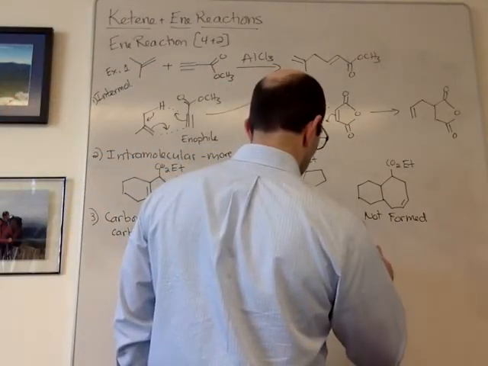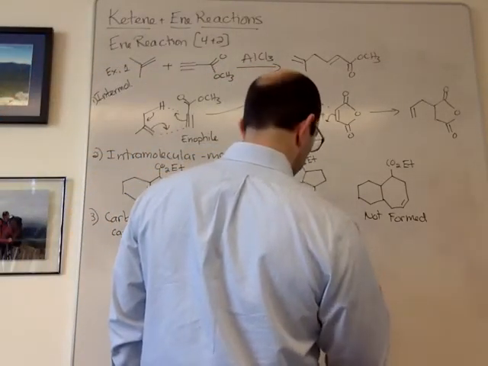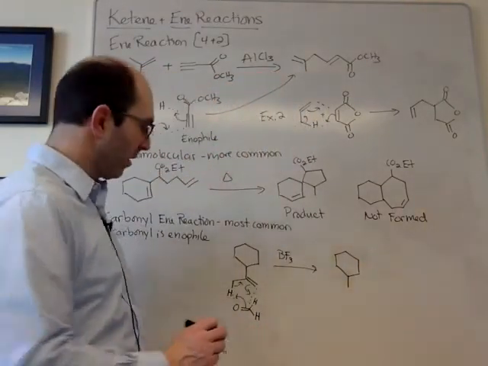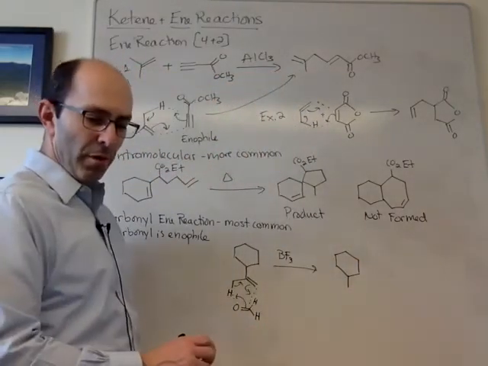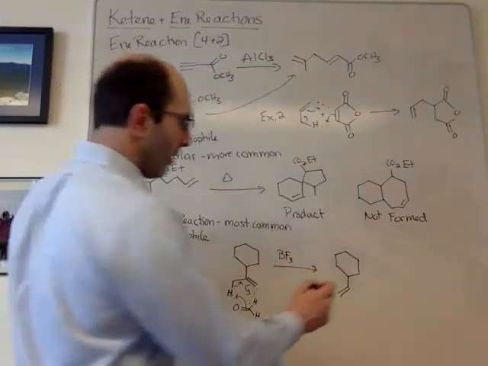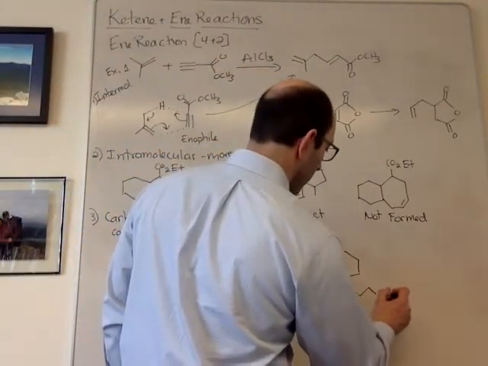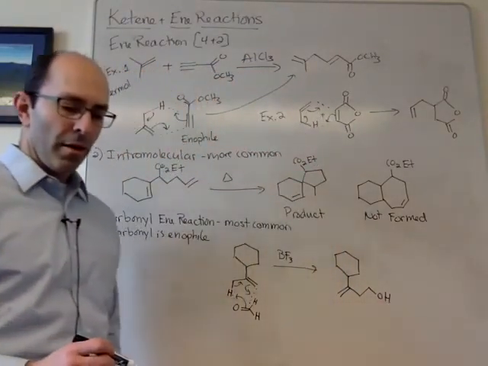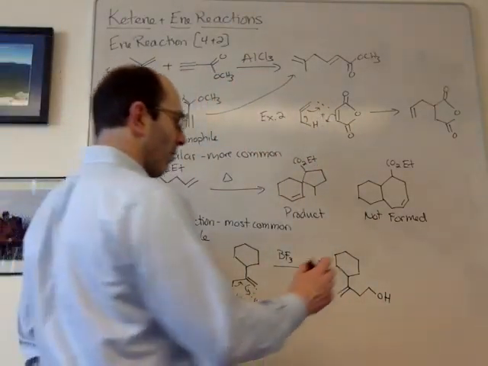We end up with, and if you draw it out, again, make sure you're breaking and forming the right bonds, you end up with a double bond over here, right? And then an alcohol, right? And this is a homoallylic alcohol, right?